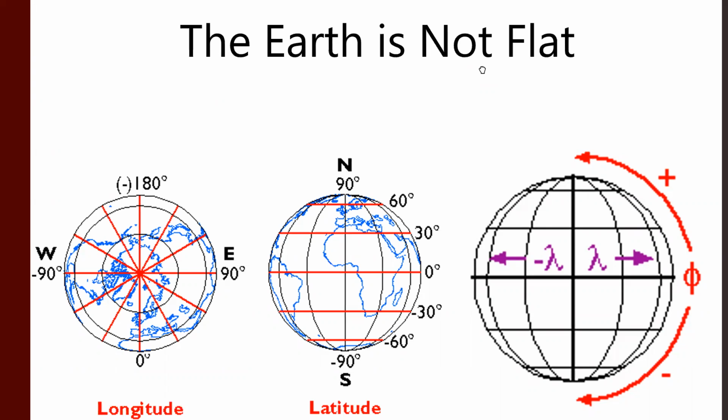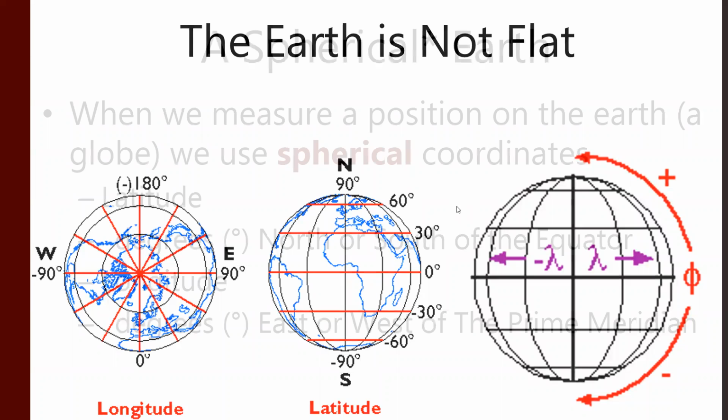So longitudes run from 180 degrees east to negative 180 degrees west, 0 degrees at the prime meridian. Your eastern hemisphere is positive. Your western hemisphere is negative. None of it is flat.